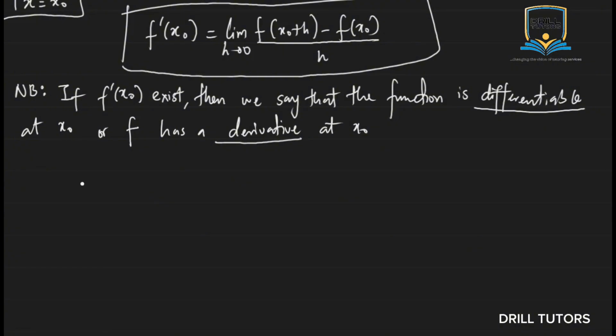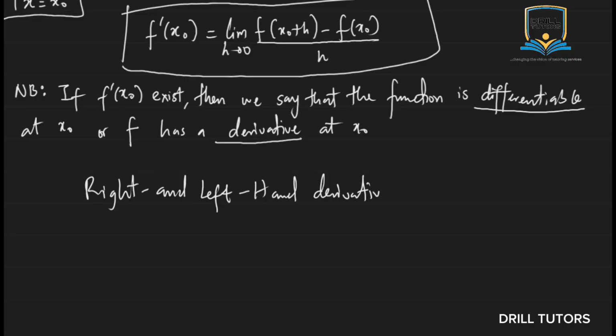It is the idea of right and left hand derivative. This concept you were given in class, right and left hand derivative. And what was that? Right and left hand derivative.